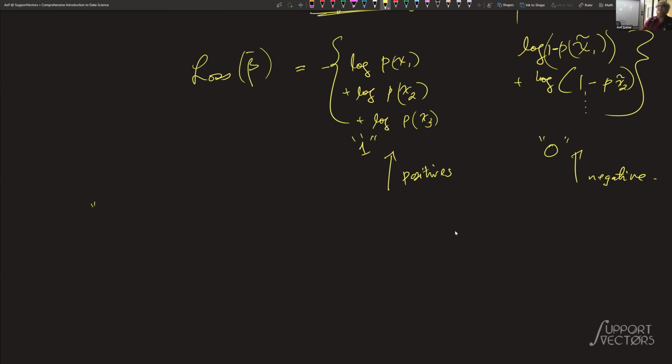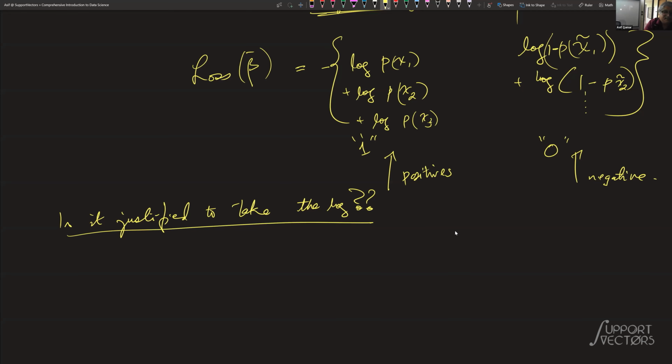Now, there is a mathematical trick, a mathematical notation. So remember, why did we take the log? Is it justified? Are we justified in doing that? The answer lies in one interesting fact.